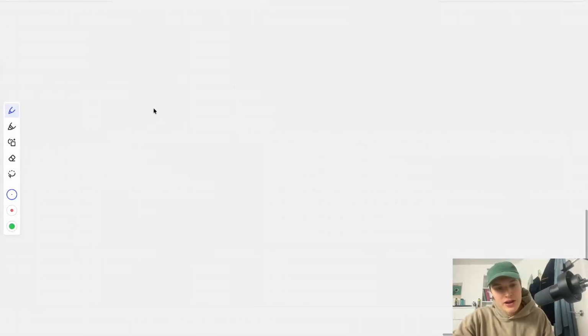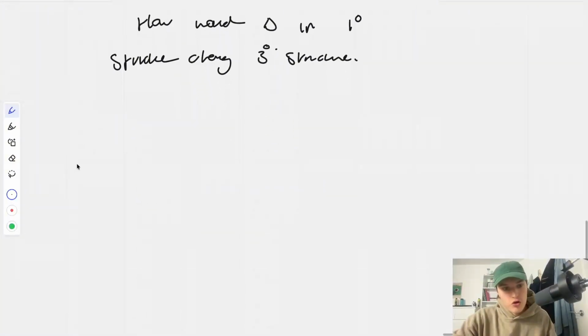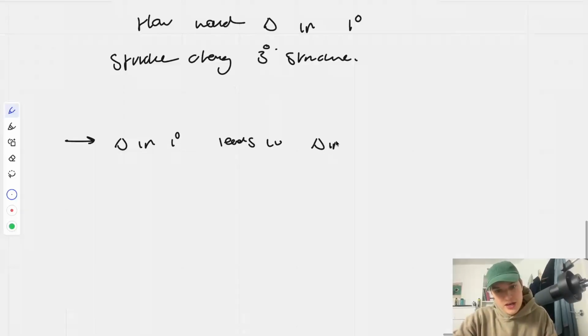Now, a really, really common exam question they're going to ask you is, how would a change in primary structure change tertiary structure? And it's dead simple, this question. So you always, to answer these questions, you want to start it off with change in primary structure leads to change in amino acid sequence.